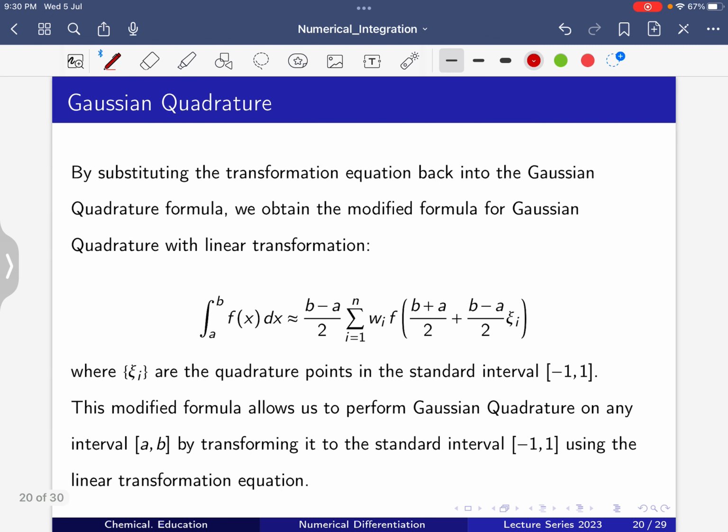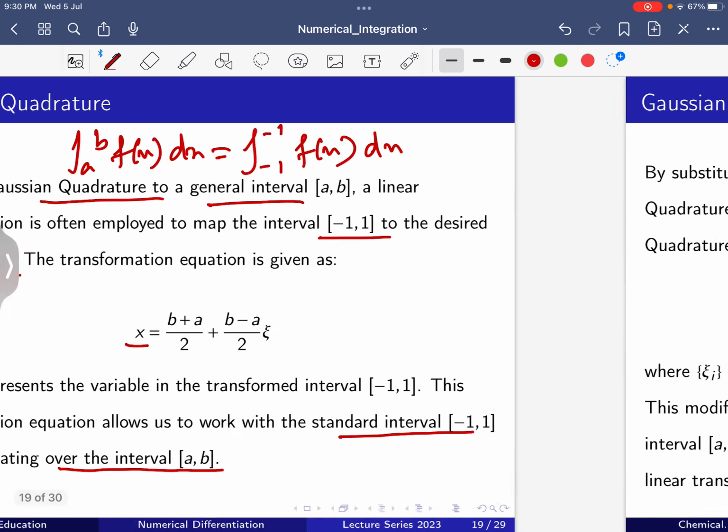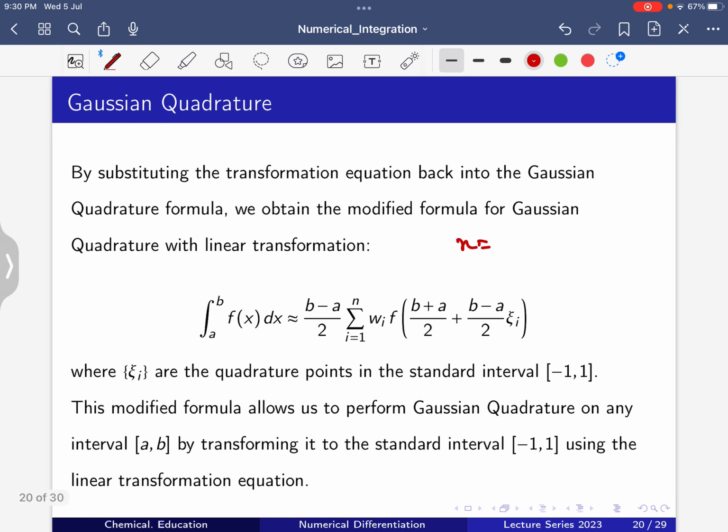Now by substituting the transformation equation back into the Gaussian quadrature formula, we obtain the modified formula for Gaussian quadrature with the linear transformation. We already know x, so we put all this in and ultimately we get the formula.